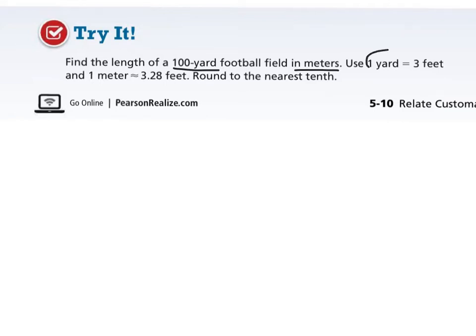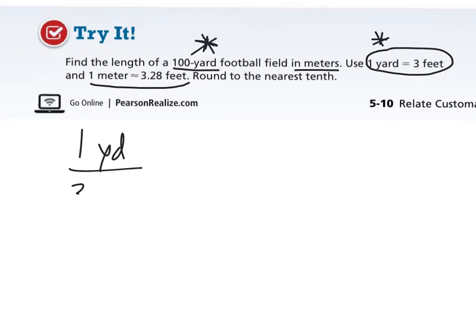We have a conversion with yards and feet, and then we have a conversion with meters and feet. Our ultimate goal is to get meters, but what we have right now is yards. So since we have yards, we're going to have to use the conversion that involves yards: 1 yard is equal to 3 feet.